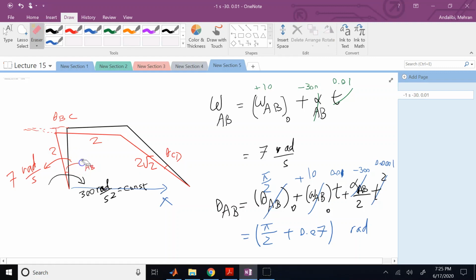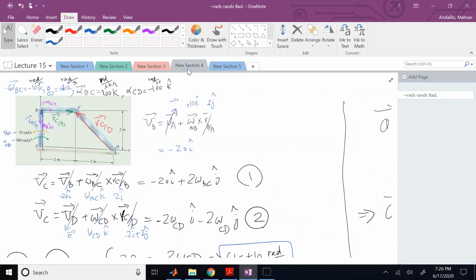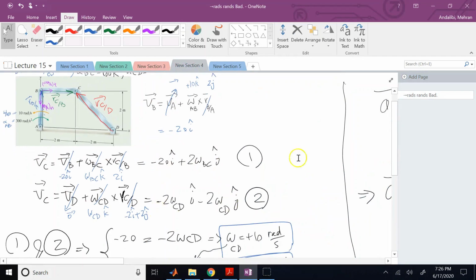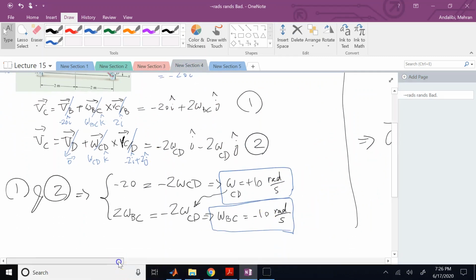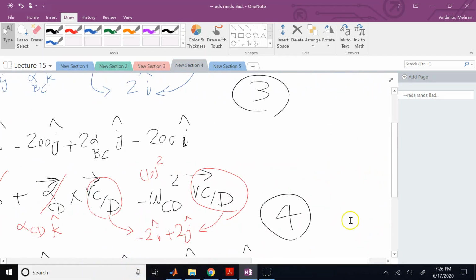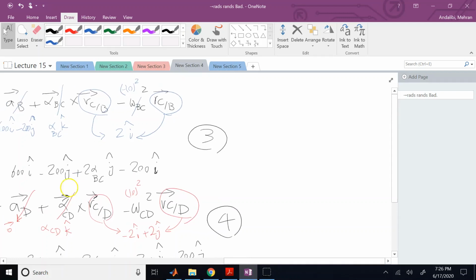So the question is, if I want to calculate omega BC and omega CD in here, and then alpha BC and alpha CD, what numbers do I get? Do I get the same numbers as I got last time? Absolutely not. All of these things that we do here, all of these equations, all of these solutions are only momentary equations.